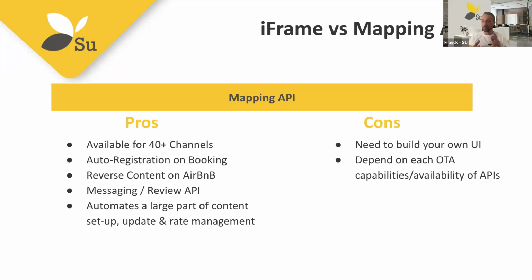Obviously, the top 5, 10 are more advanced, and then the other ones will allow a little bit of content management and things like that, but it's usually not as advanced. But we have all the details also. If you want to take a look, we have the APIs available to see if what you're looking for is also available from each of the partners, the OTAs that we connect to.